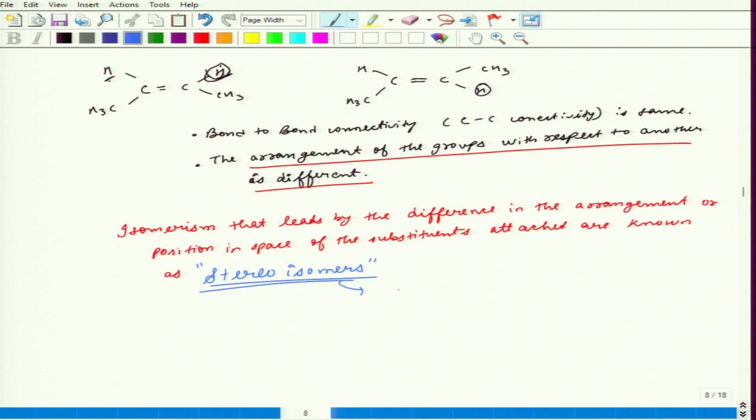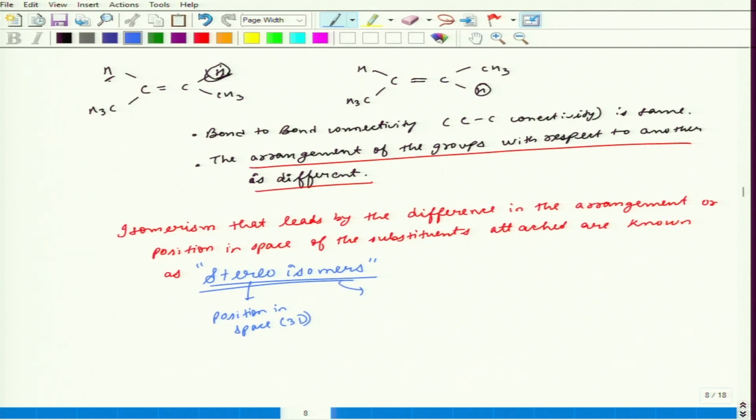Isomers, you know, have the same molecular formula but different structure. Stereo means position in space. Space means a 3D space. So, these are called the stereoisomers.